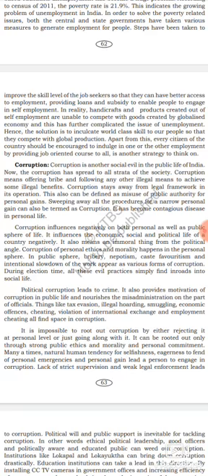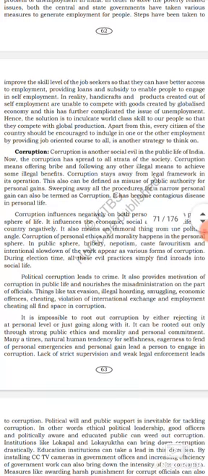Is it? Political corruption leads to crime. It also provides motivation for corruption in public life and nourishes misadministration on the part of officials.